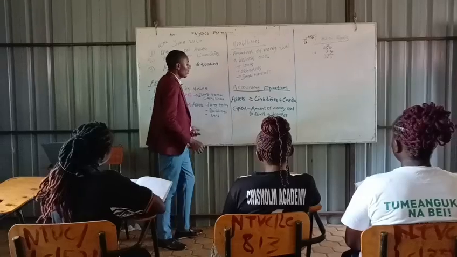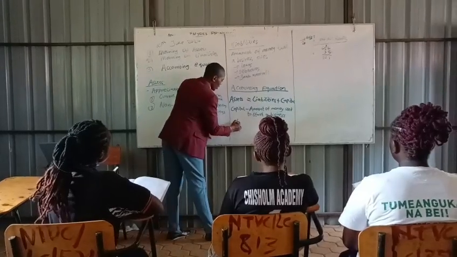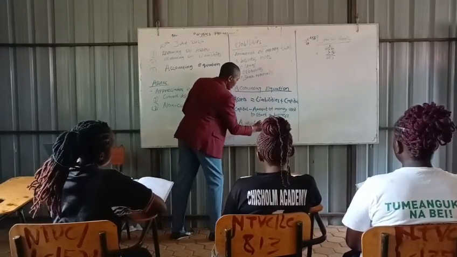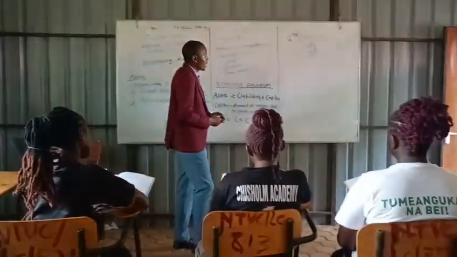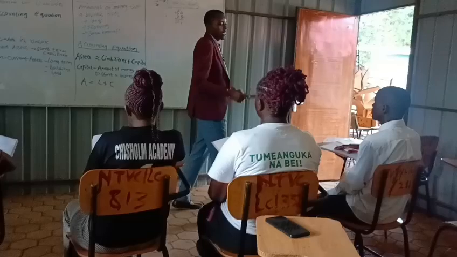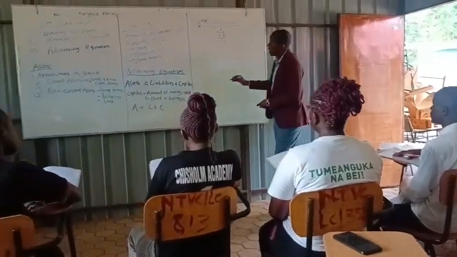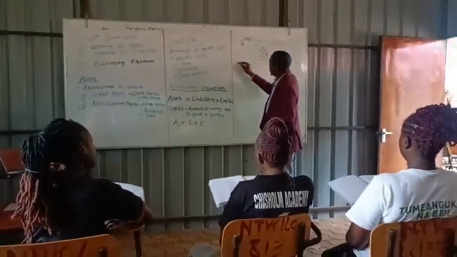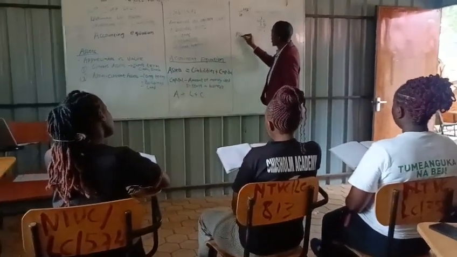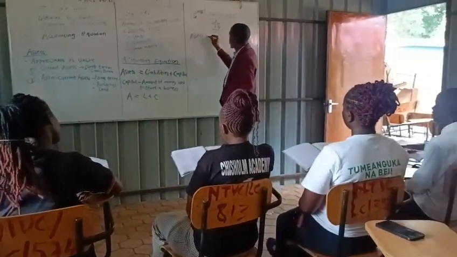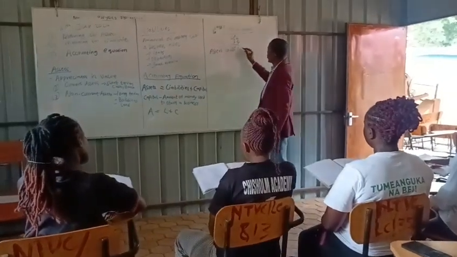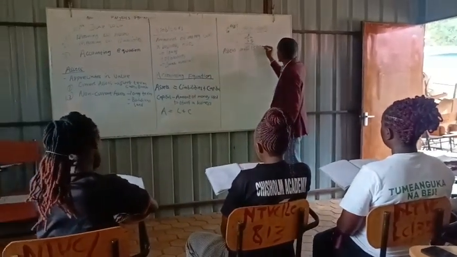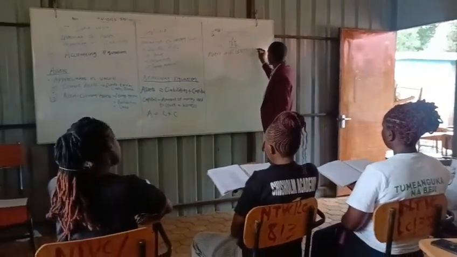So in simple terms, we take A equals L plus C. Okay? For example, we can say Dennis business has assets worth how much? 50,000 Kenyan shillings.